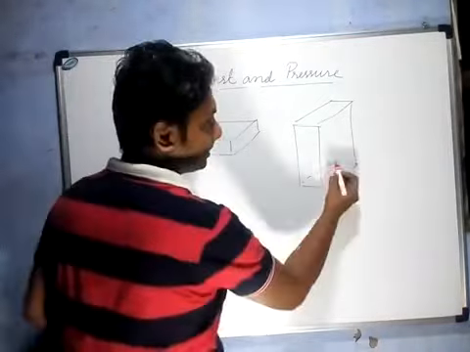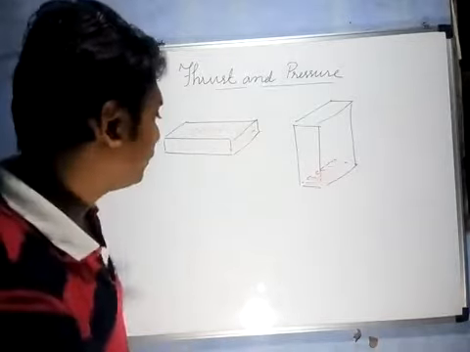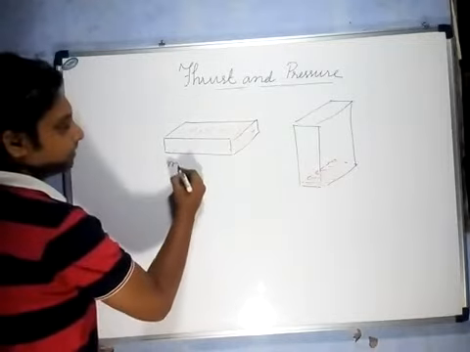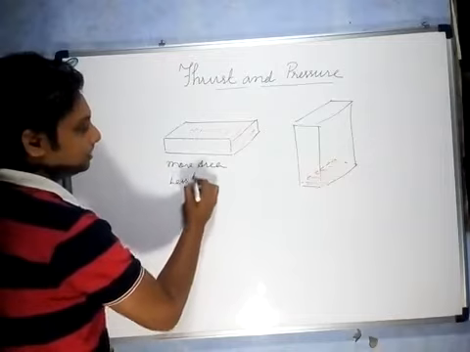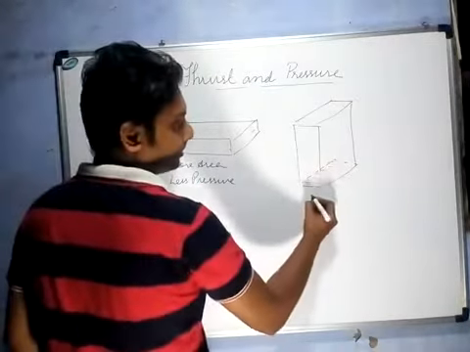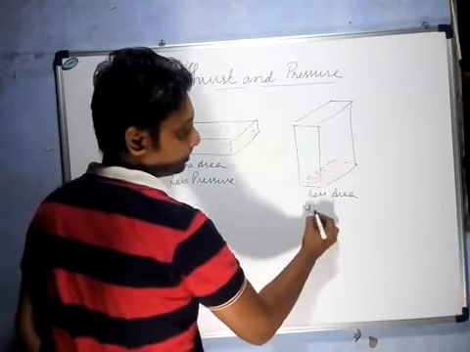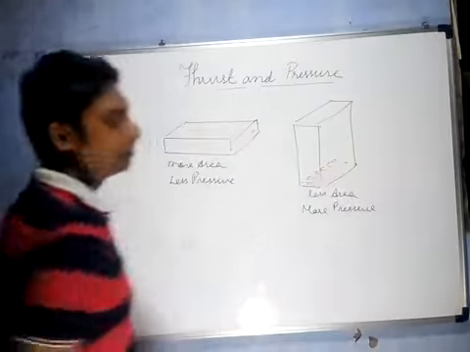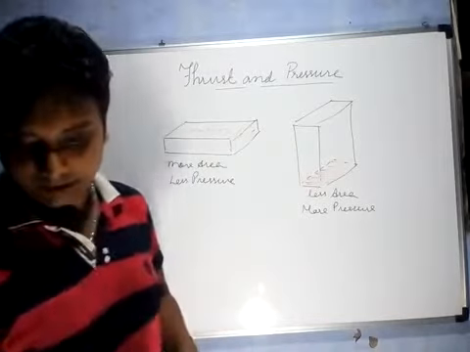So here we can see more area, less pressure, and here less area, more pressure. Is it clear?